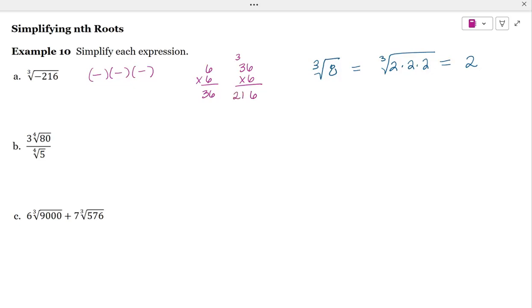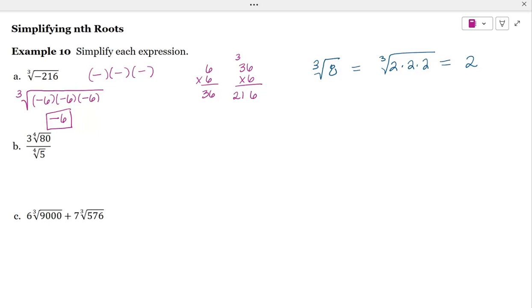Yeah, it looks like 6 times 6 times 6 will give me 216. So if I wanted to be really precise with what I'm writing, I'll write that negative 216 is these 3 items written like this, and that simplifies to just negative 6 as my answer.